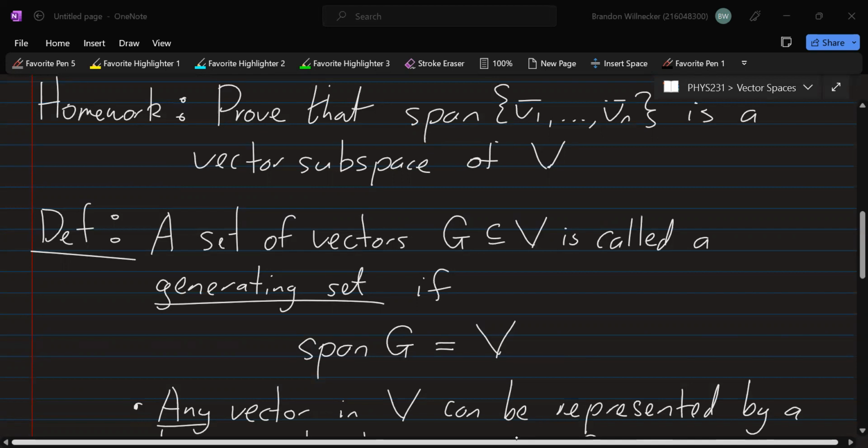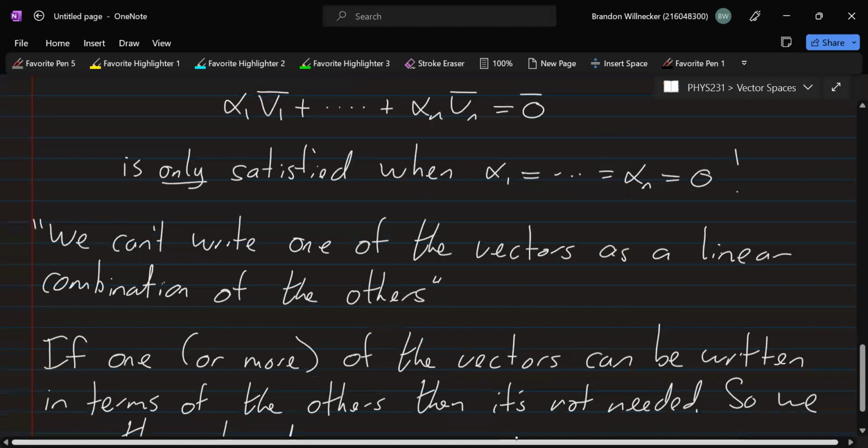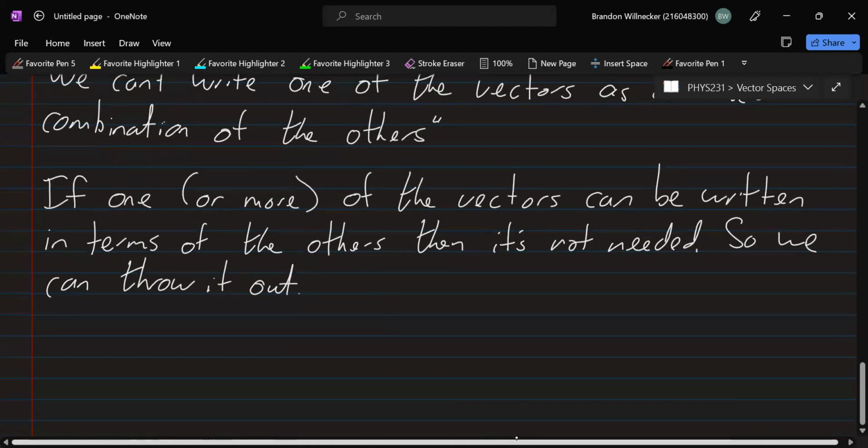And since they're dependent, we don't need them, we can throw them out. So we can throw all those vectors out from G, and we're left with a linearly independent set. Okay, and since they didn't add anything, this condition that the span is equal to the vector space is still satisfied. We call that smaller set a basis.